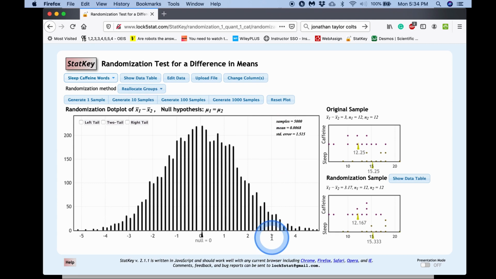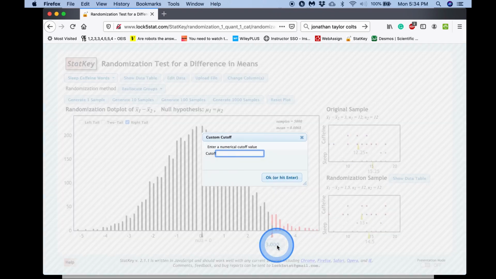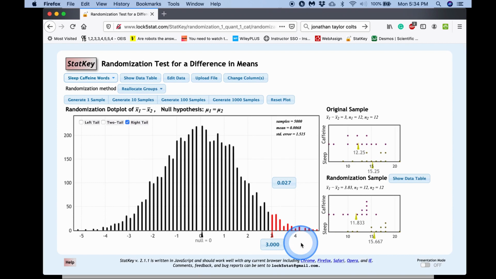And what we want to know is what proportion of the dots in this dot plot are sitting at or to the right. In other words, in the right tail, starting at or commencing at 3. And we can easily have StatKey do this for us. We're going to click on right tail. And we want to make sure that we edit this to 3 so that all of these dots at 3 or beyond are colored in red. And after we do that, we can look up here and see the calculated proportion.